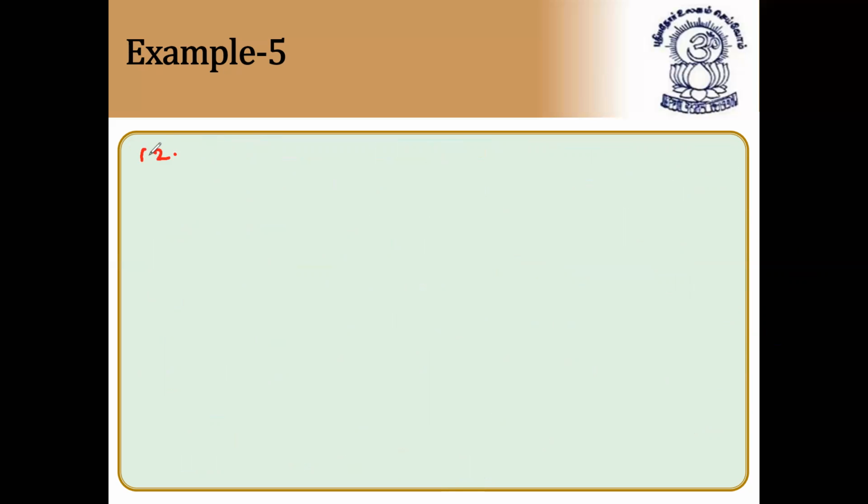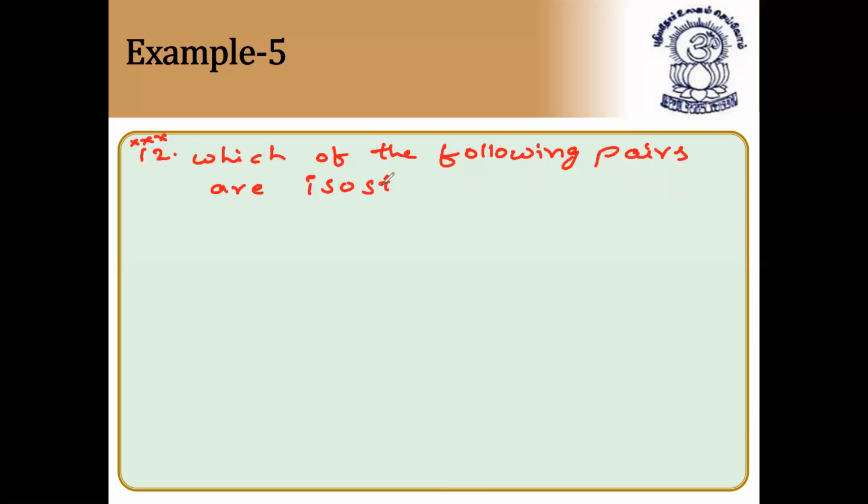Which of the following pairs are isostructural? Very, very important. Isostructural means having similar structure, not only similar hybridization.